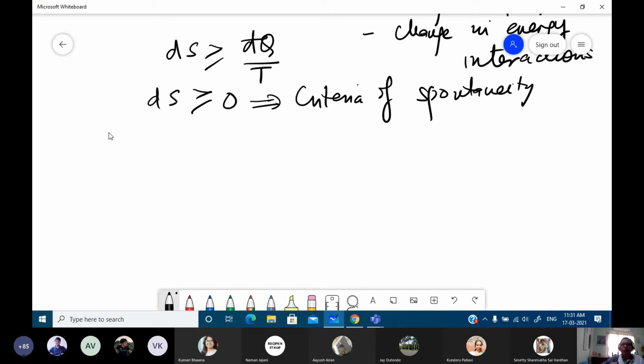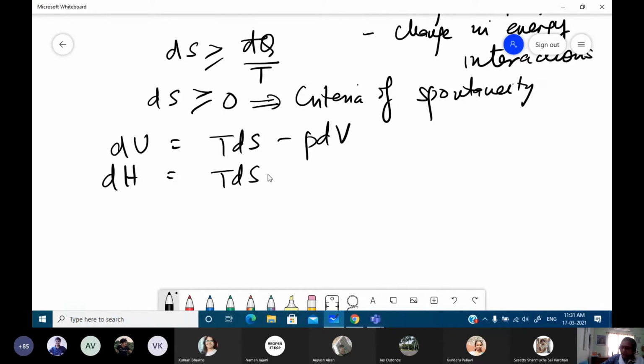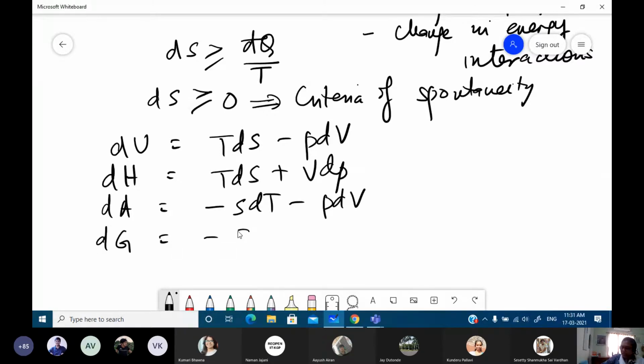In that case, what are the properties that can change, and in what way can they change? Based on the interactions, we had come across a set of four equations: dU equals TdS minus PdV, dH equals TdS plus VdP, dA equals minus SdT minus PdV, and dG equals minus SdT plus VdP.